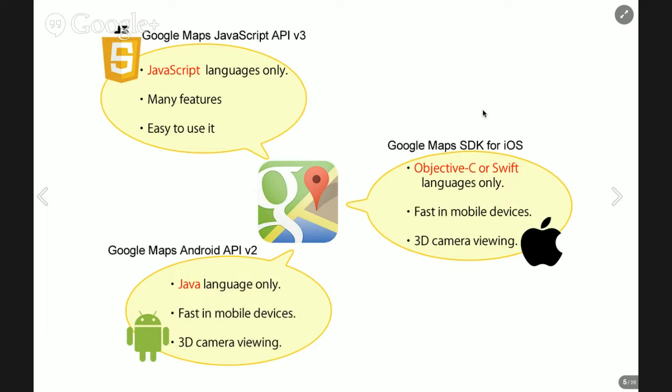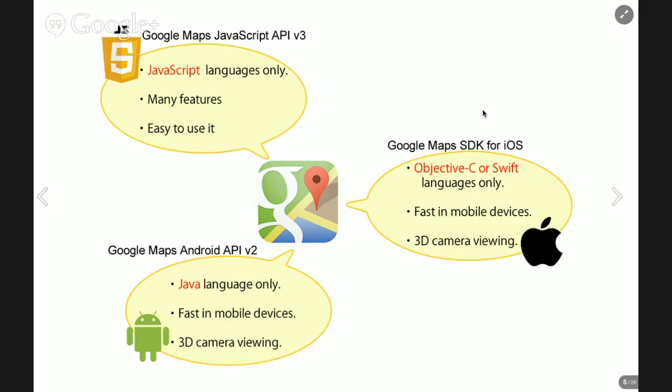As you may know, the Google Maps JavaScript API is the most popular Google Maps API, but it runs on a browser. It means JavaScript is slower than native code. PhoneGap has a browser, so the Google Maps JavaScript API also works, but it's slow.